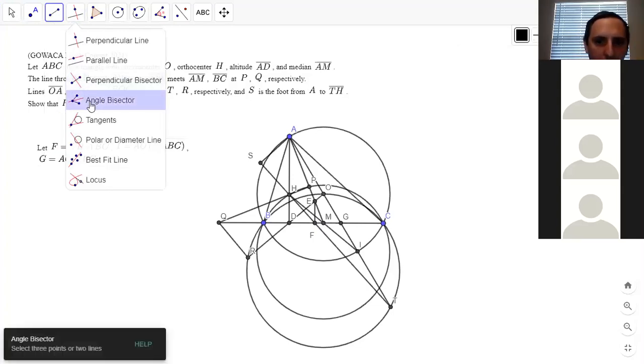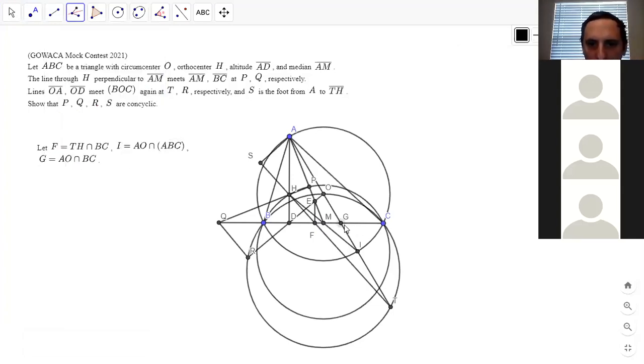But wait, you just mentioned that IC is the angle bisector of GCT. You mentioned that was an angle chase, right? Yeah. It comes from TI being the angle bisector of CTB, and angle BIC equals 90 plus half of angle CTB.